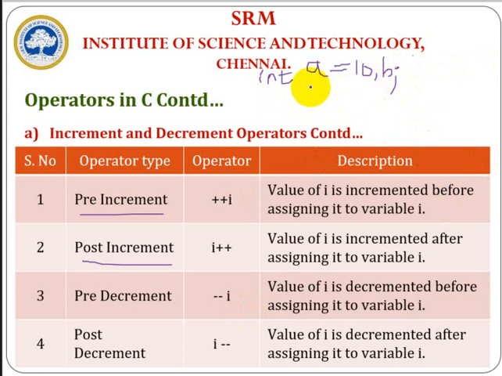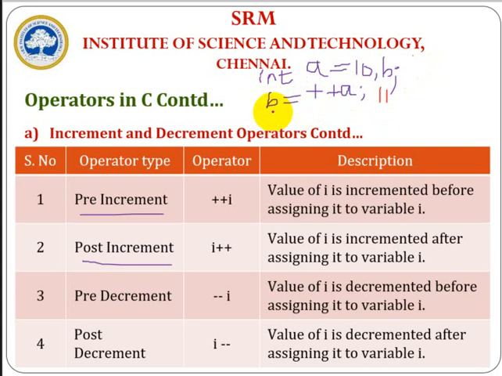Now I will assign b equal to ++a. If I give it like this, what happened? First it increments the a, and then it will be assigned. So now I will get my output as 11. So b value is nothing but 11. What about the a? a will be 11.